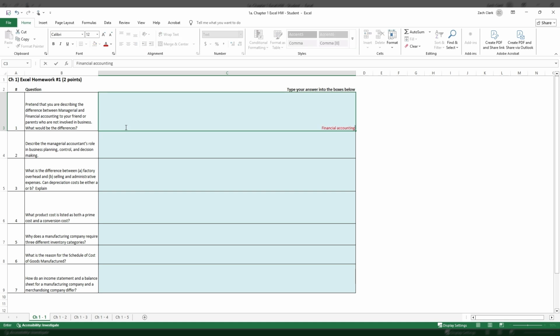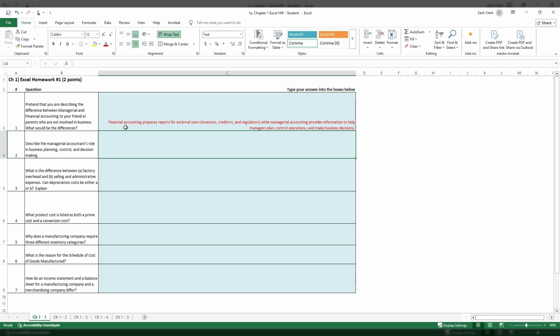Financial accounting prepares reports for external users, such as investors, creditors, and regulators, while managerial accounting provides information to help managers, as the name would imply, plan, control operations, and make business decisions.